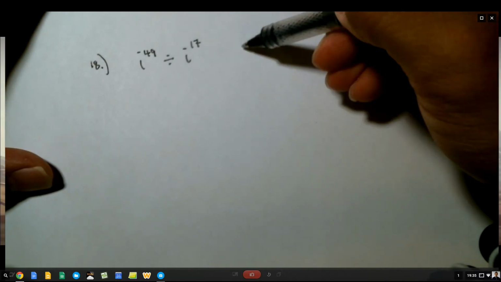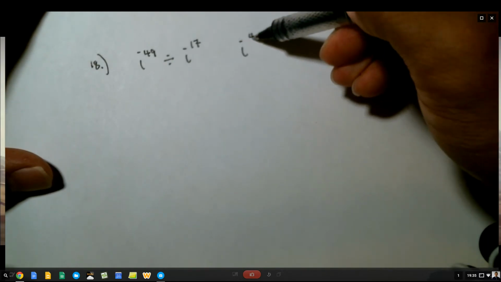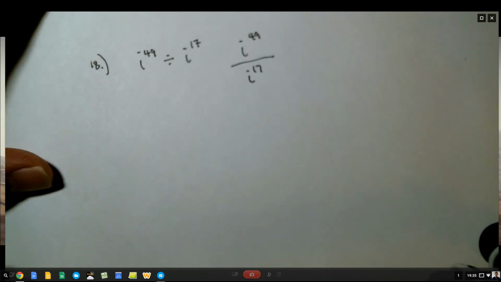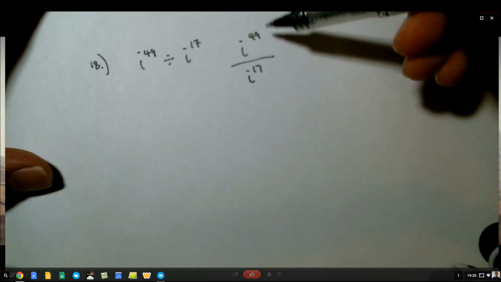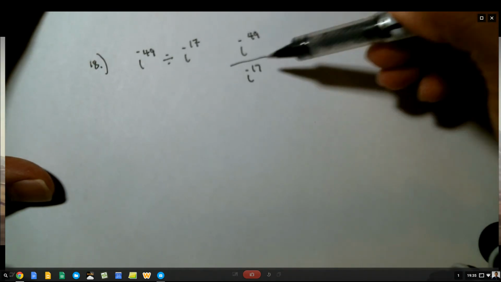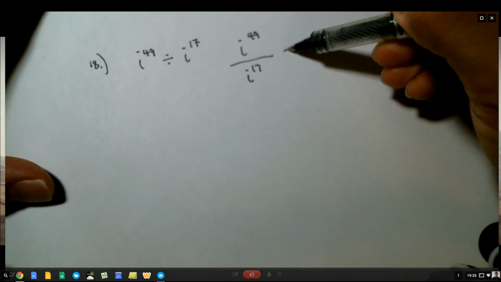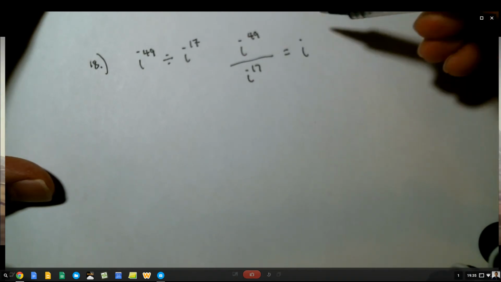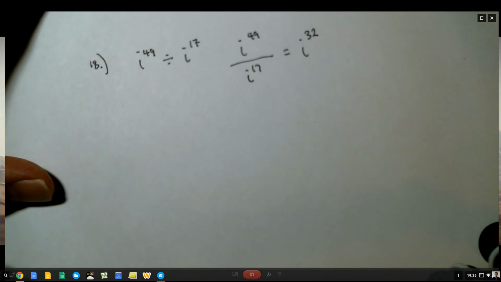So number 18. Let's write this as a fraction. It's equivalent to saying i to the 49th power over i to the 17th power. And remember what happens when we divide? What happens to the exponents? It's the same thing as 49 minus 17. So what is 49 minus 17? You get i to the 32nd power.